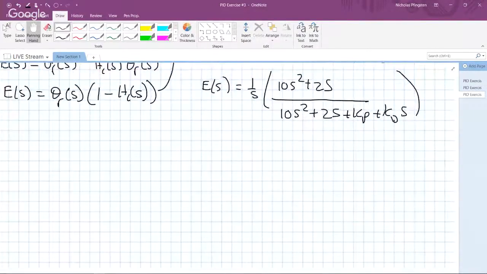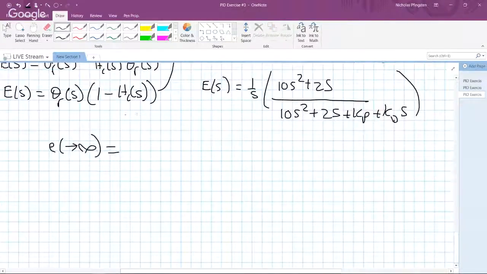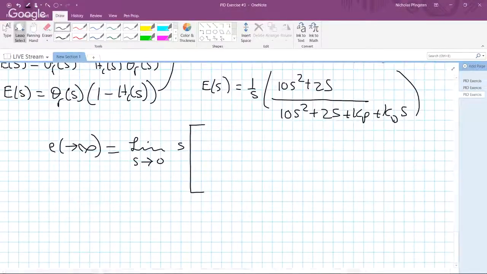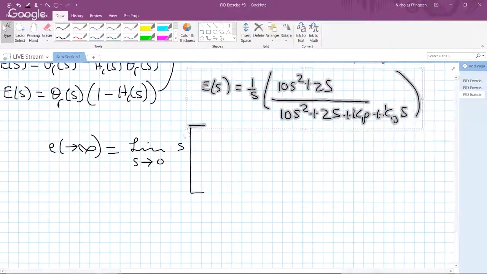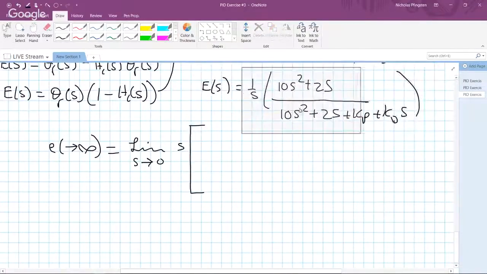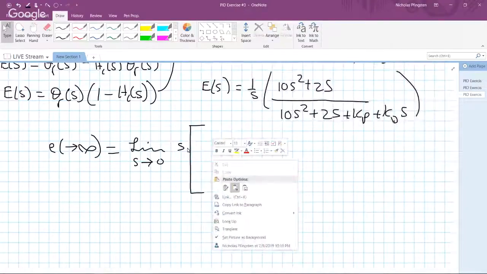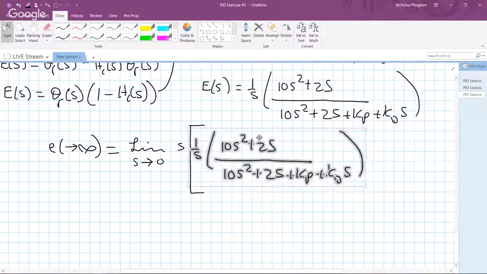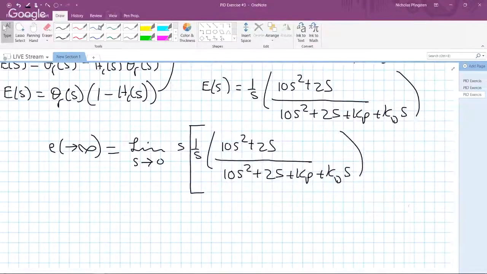So now, E as t approaches infinity will equal the limit as S approaches 0 of S times that whole expression above. So here is this.